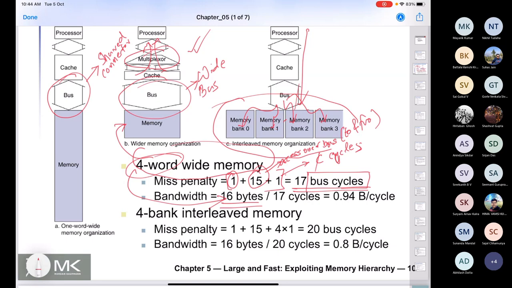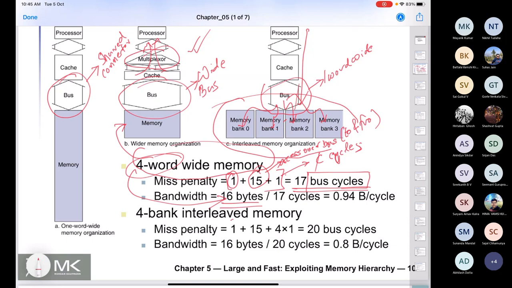Now in a 4-bank interleaved memory, your bus width is ordinary, 1 word wide. However, it can access multiple memories, and now the 4 words are distributed over the 4 memory banks. So how does the latency work?